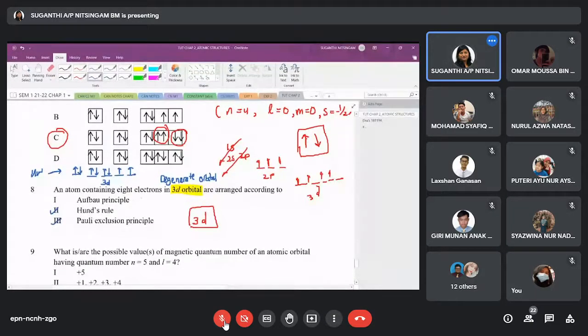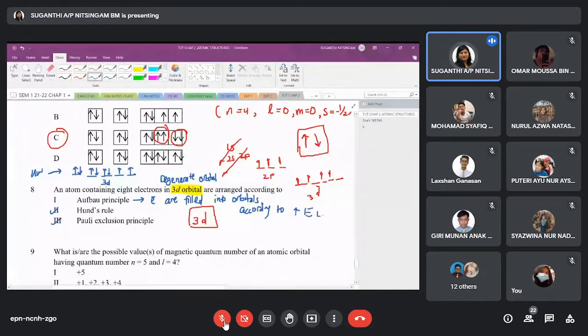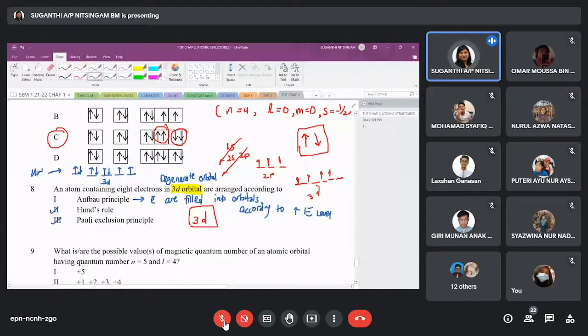What is this? Electrons are filled into orbitals according to increasing energy level. But here, 3D is the same level. So I don't need to memorise. It's the same level. It's a degenerate orbital.